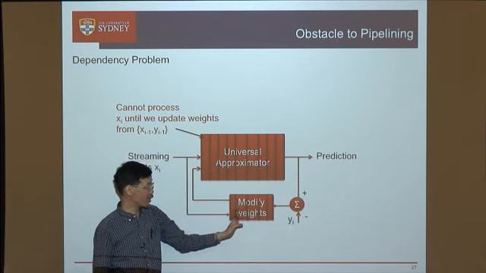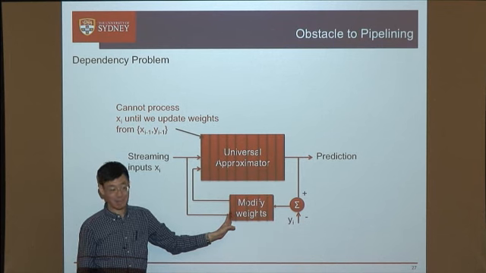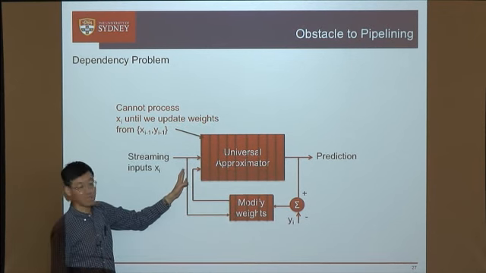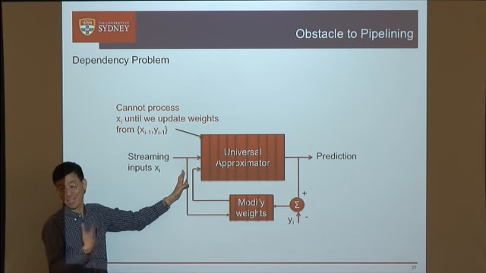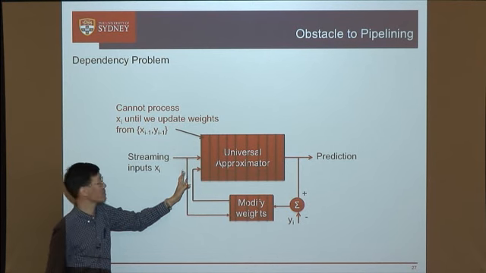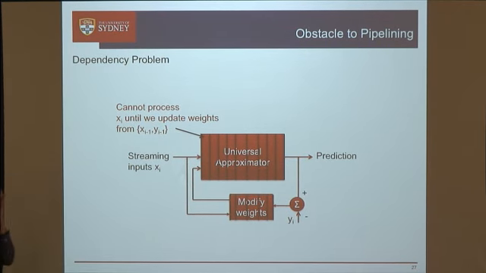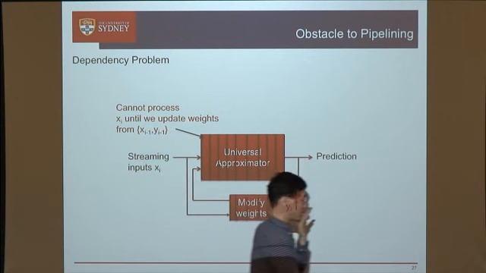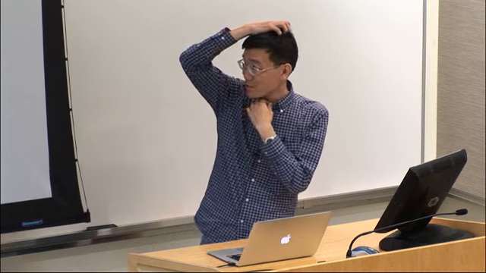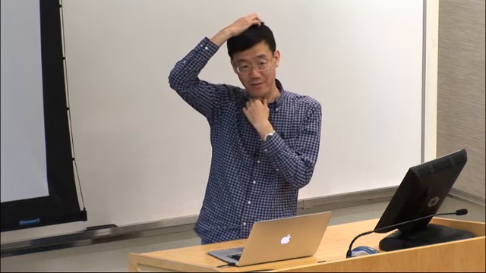Then you have to calculate what the updated weights are, and only then can you process the next input, because the next input's going to use these new weights. So ideally, what you need, and the pipelines that we're talking about have 200 cycles of latency from the input to the output.